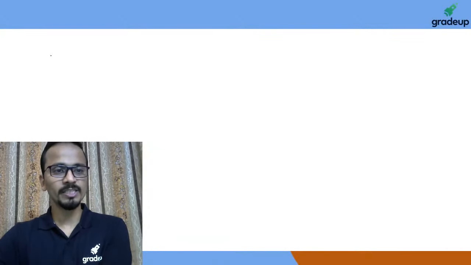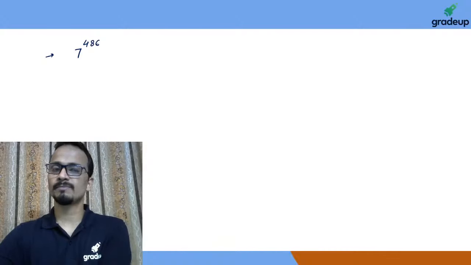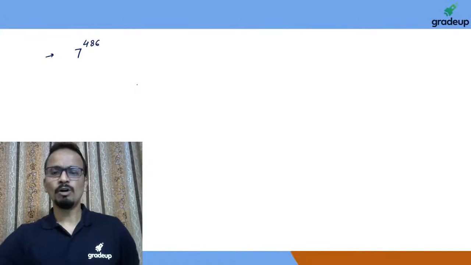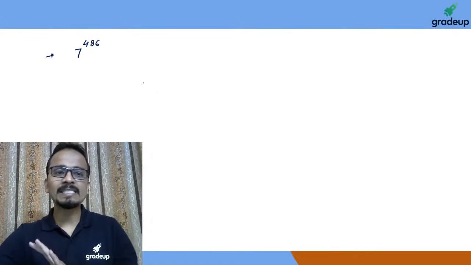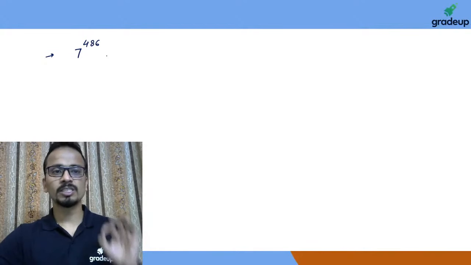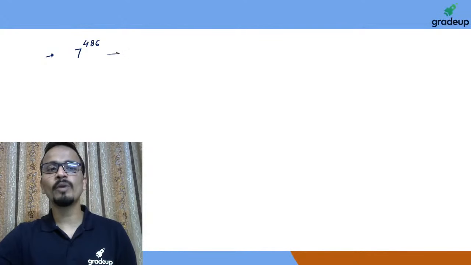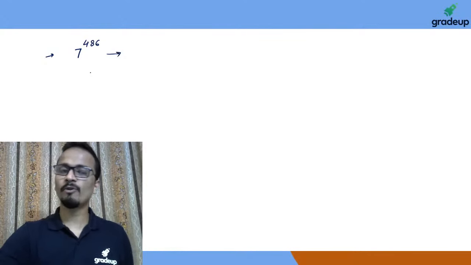Let's say the question is to calculate the unit digit of 7 raised to the power 486. Now, no need to check the cyclicity of the unit digit of 7. Just look at the power, which is 486, and divide 486 by 4 and write the remainder.